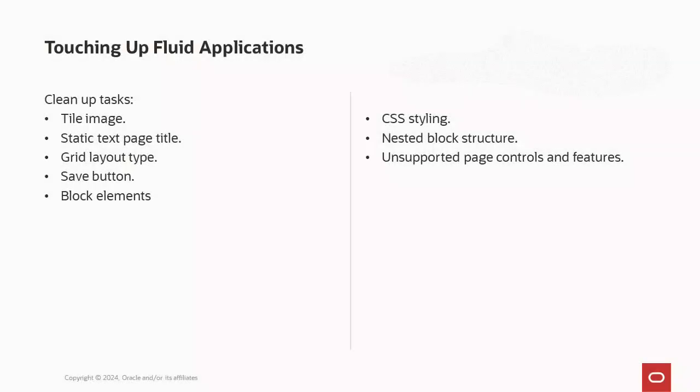When you create or convert new Fluid applications, there are often a few cleanup tasks that you need to consider. What those cleanup tasks will be depends upon the content of the page and how you created it.